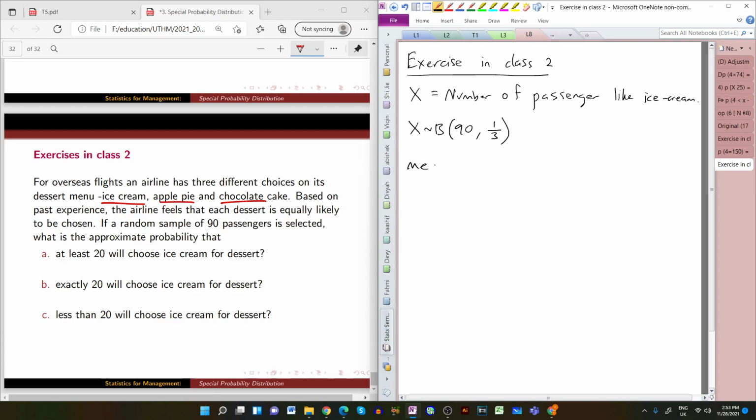So the mean is np and the variance is npq. np we have done, so 31 minus this one, you get 20.